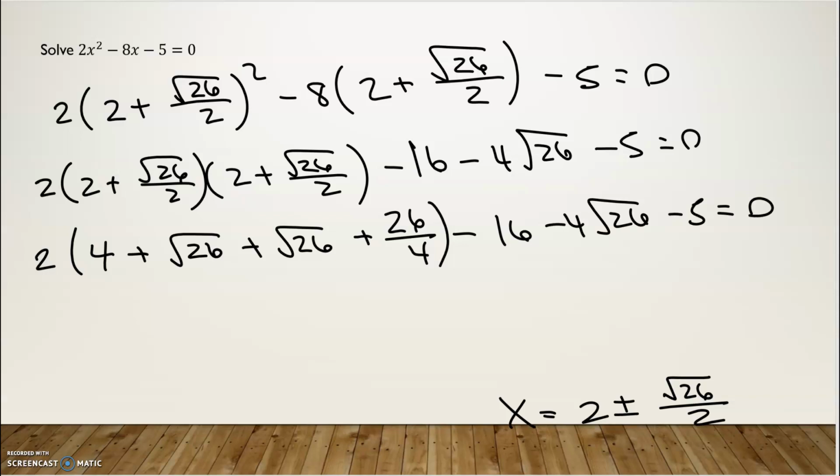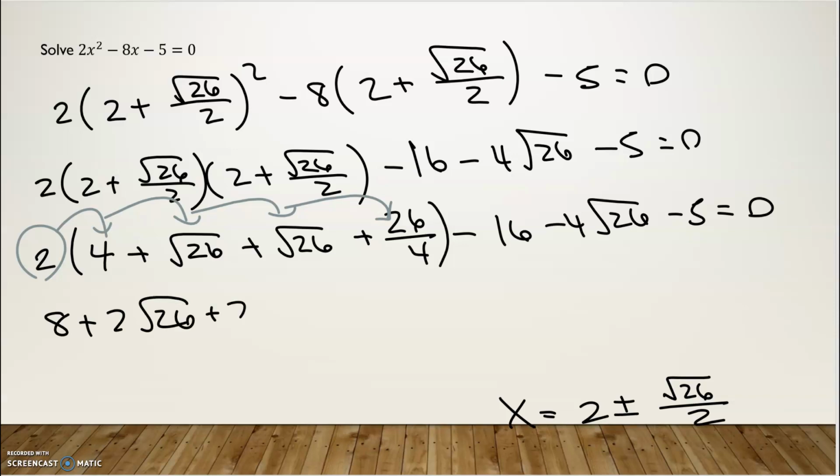Okay, so now I need to multiply 2 times each of these terms. So I've got 8 plus 2 square root of 26 plus 2 square root of 26 plus, I'm going to take a 2 out of the bottom here and here, so that will be 26 over 2, which is just 13. Okay, now I can drop the parentheses.